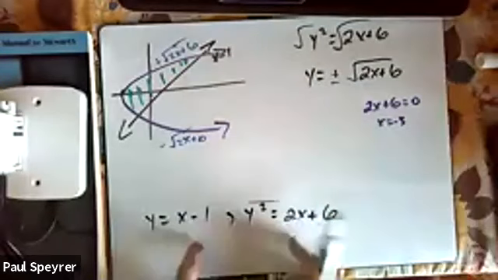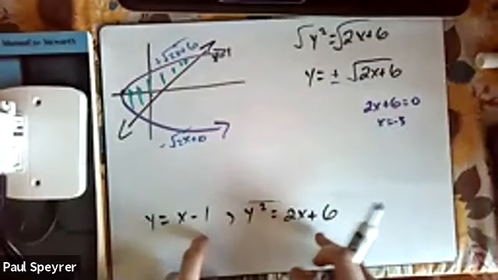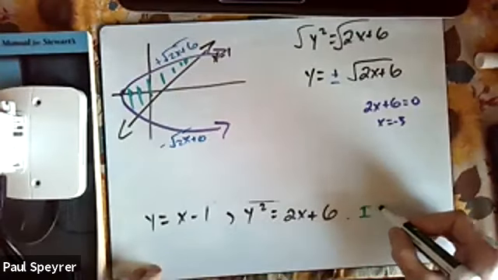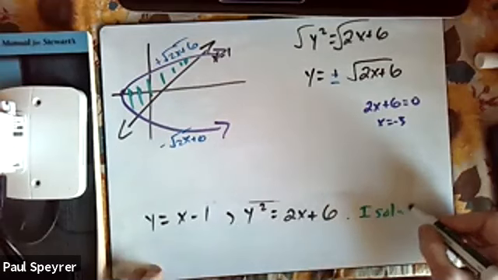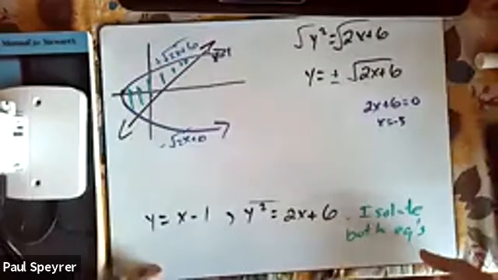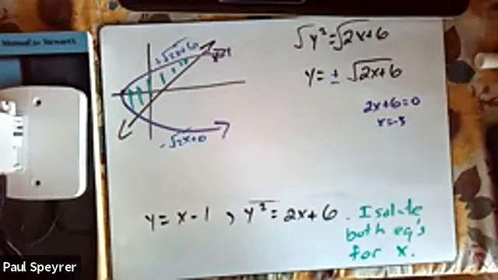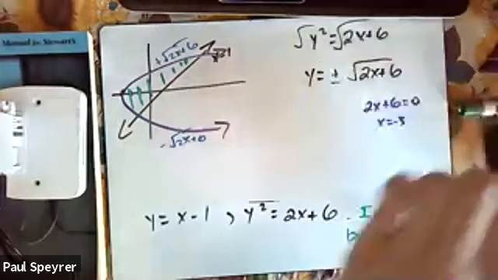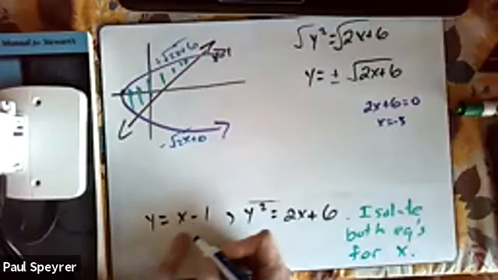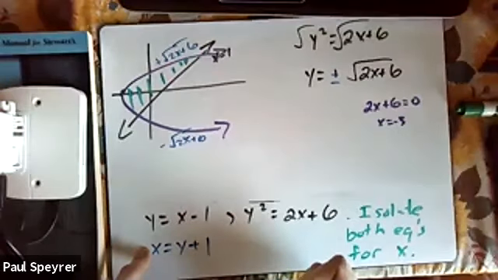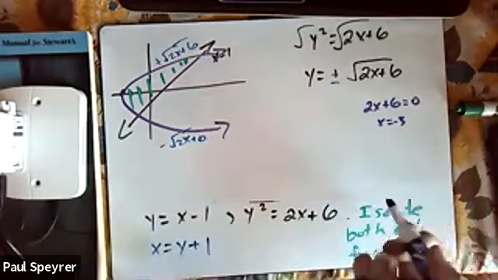We need to isolate both equations for x. Well, this one, if we were to do that, is x equals y plus 1, right? That's done right there.